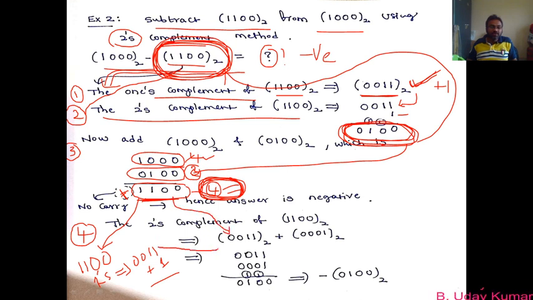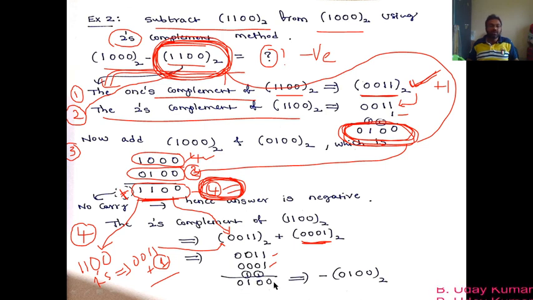Can you see this? Okay. And to get the 2's complement, you have to add 1 to the 1's complement, and we are adding 1 here. If you add 1 to this 1's complement, what do you get? 0011 plus 0001: 1 plus 1 is 10, and then next 1 plus 1 is again 10, and this is 1 and this is 0, so 0100.